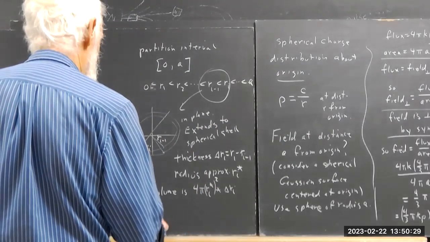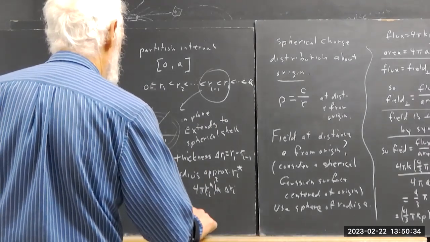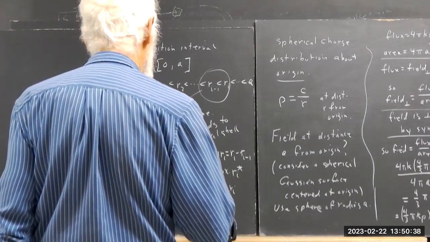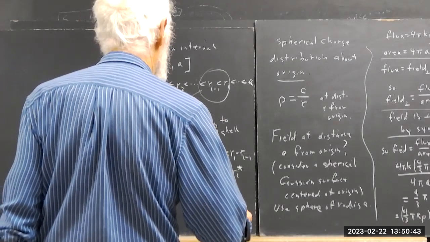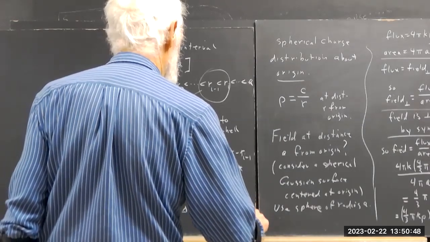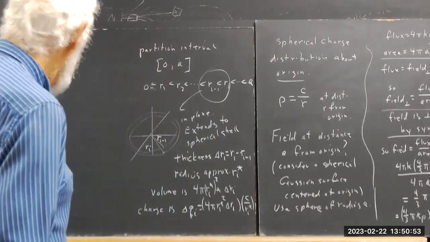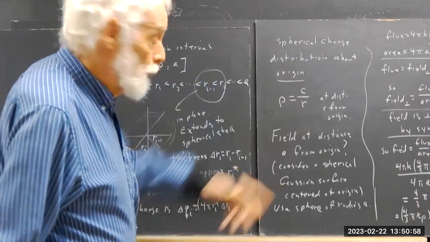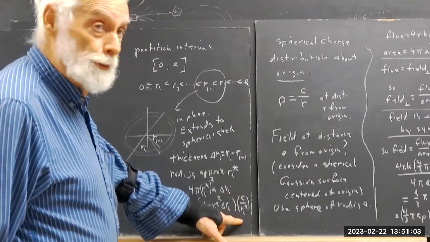Charge. The charge density is C over R. Where are we going to sample the density? At the sample point. It's C over R sub i star.